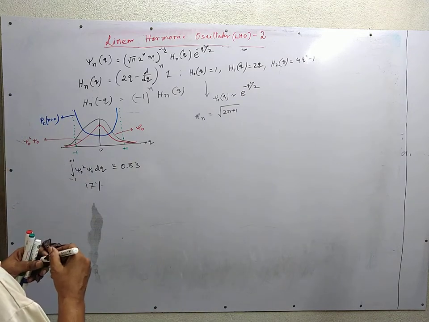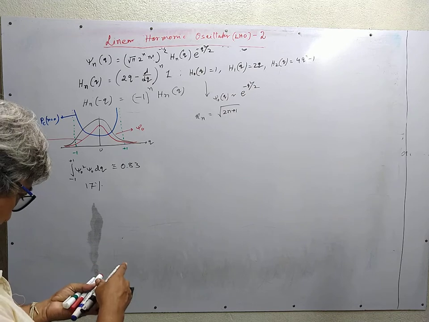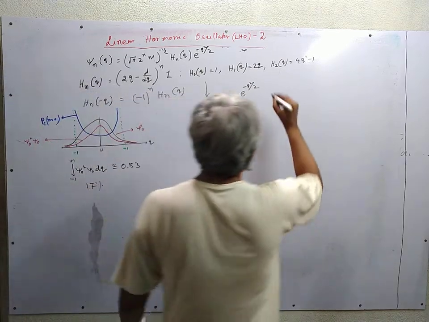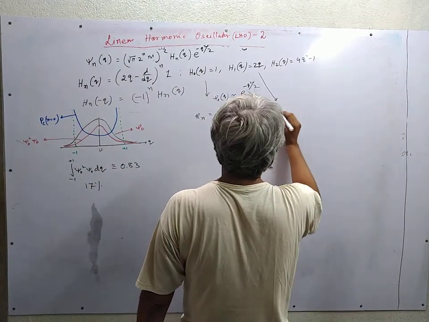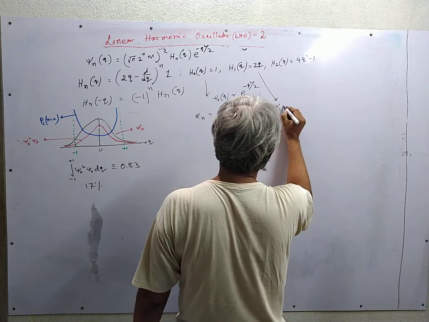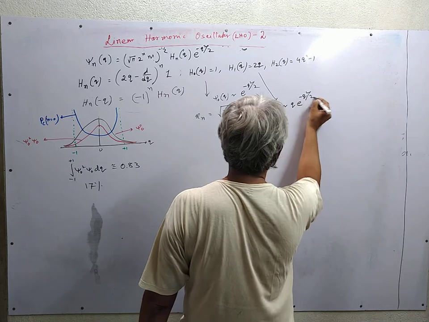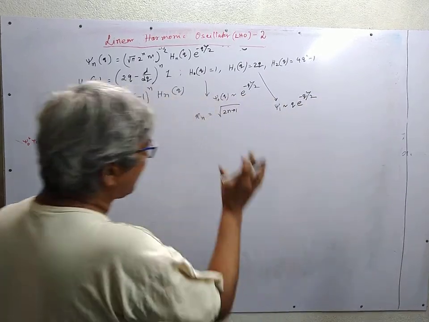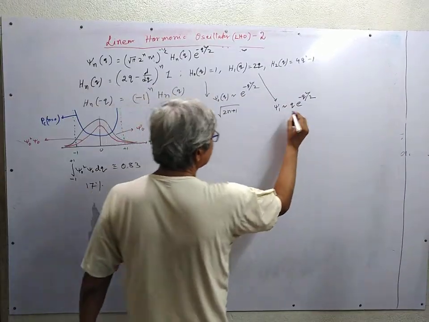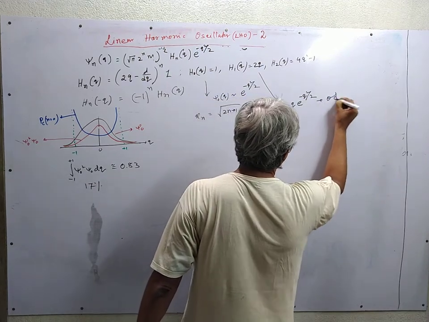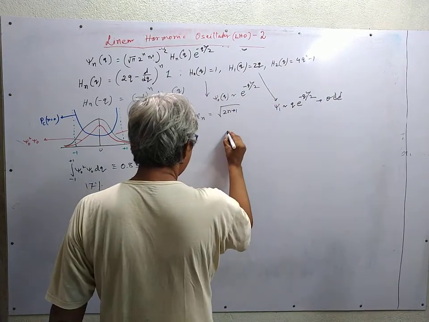Now we come to the phi 1 state. Phi 1 is, apart from a constant, q e to the power minus q square by 2. So the function is an odd function.